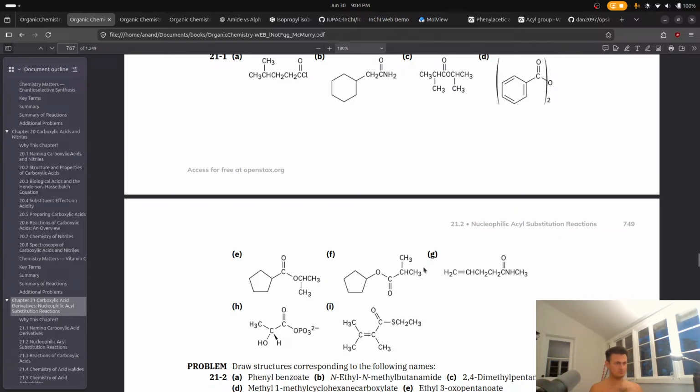Okay, next one. All right, so here we have another ester, except the ring is the alcohol part. So this should be cyclopentyl.